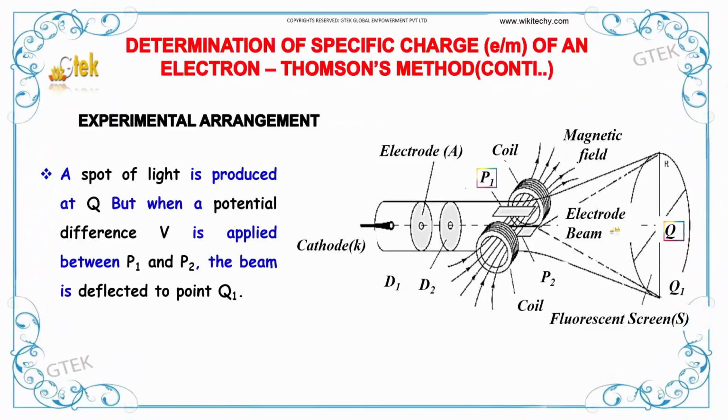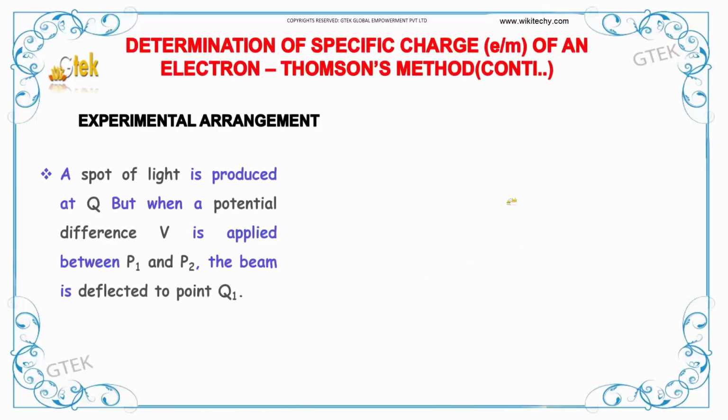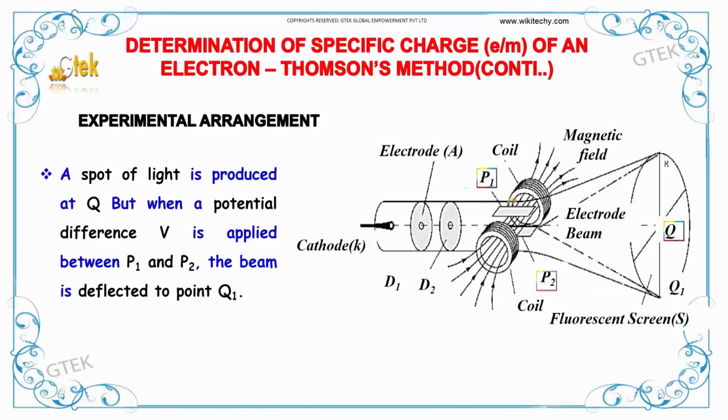A spot of light is produced here at Q, but when a potential difference V is applied between P1 and P2, the beam is deflected to point Q1. So this is how the arrangements are formed.